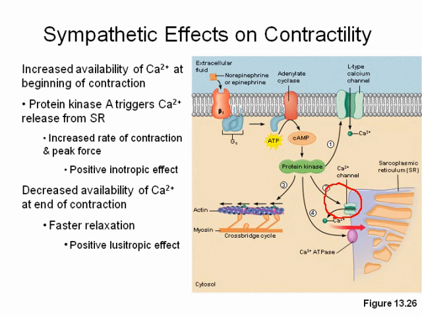It can increase the activation of calcium channels to make them more sensitive to the depolarization. And it can increase the rate of the calcium ATPase. This is, again, our SERCA, the sarcoplasmic reticulum calcium pump, pumping calcium back in.